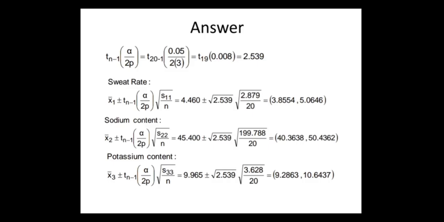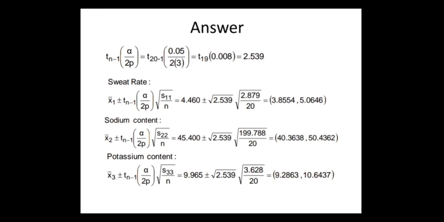Because of that, when we are using Bonferroni method, the interval will be narrower ataupun shorter, so it is more precise. Okay, just apply the formula macam tadi, so you get this confidence interval.